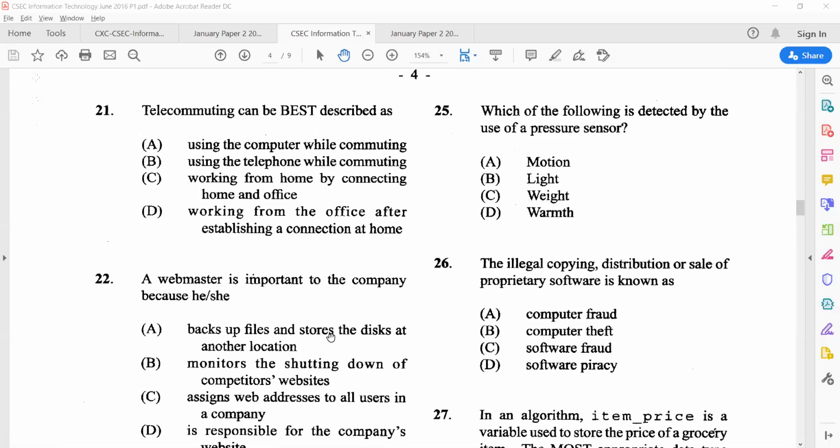All right, moving on to number 25. Which of the following is detected by the use of a pressure sensor? What answer is that? Yes, sir, A, motion. Anybody here doing physics?